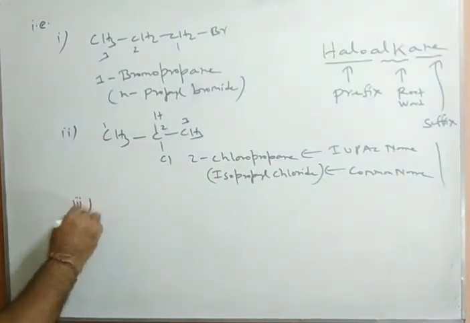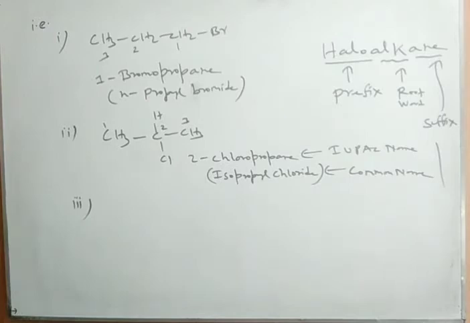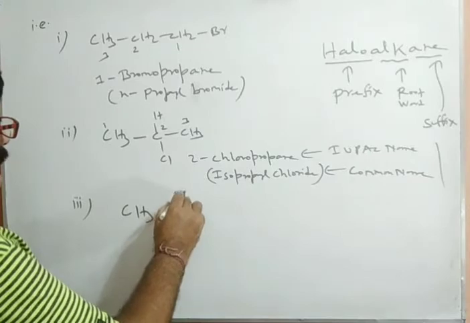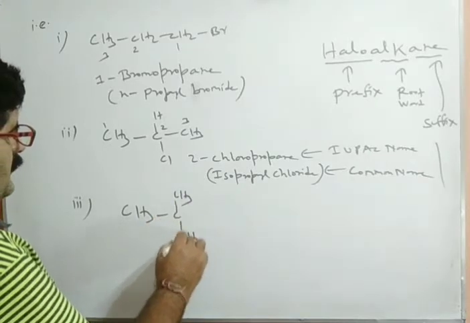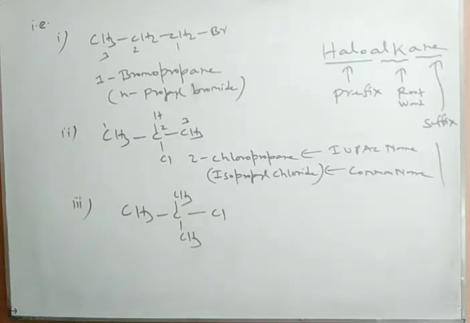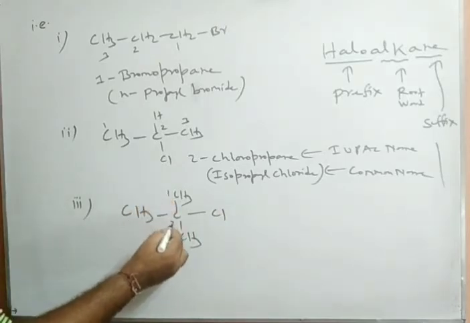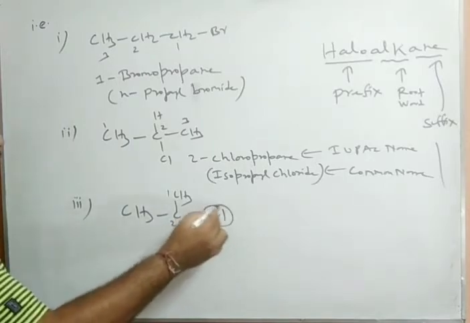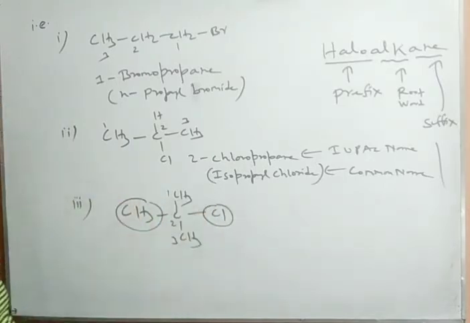Third one, suppose we consider this pattern of compound. The longest continuous carbon chain is 1, 2, 3. Two types of branching are present, chloro and methyl.